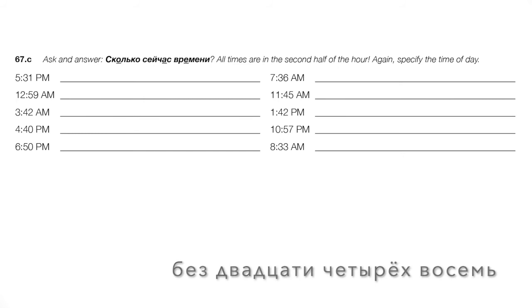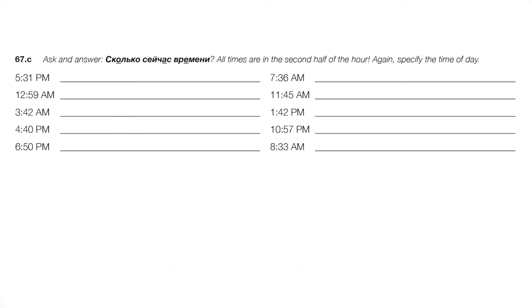Okay, 11:45. So here we have two options, right? We want to say without 15, без пятнадцати, or without a quarter, без четверти 12. Без пятнадцати 12, без четверти 12 утра. Okay, 1:42 p.m., right? So again, we could say дня here, but probably we could just leave it understood. So let's say without 18, 2.